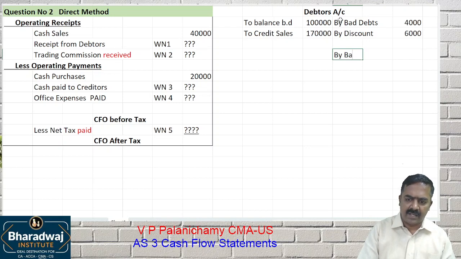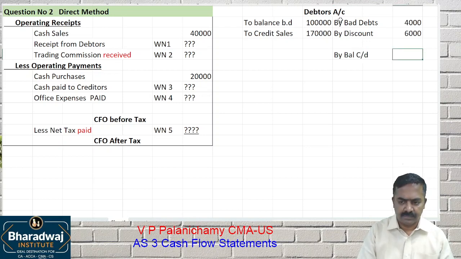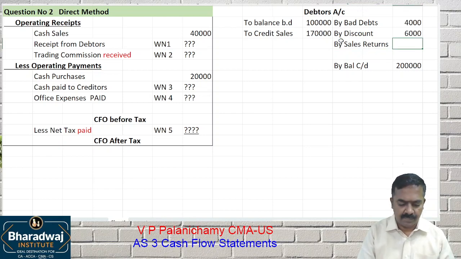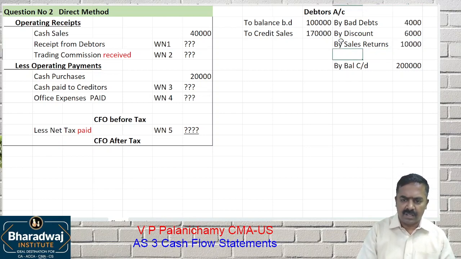By balance carried down. What is the closing balance given? 2 lakhs. Any sales returns given in the question? Yes, record that also. By sales returns, what is the sales returns? 10,000. As a balancing figure, the cash collection will come.